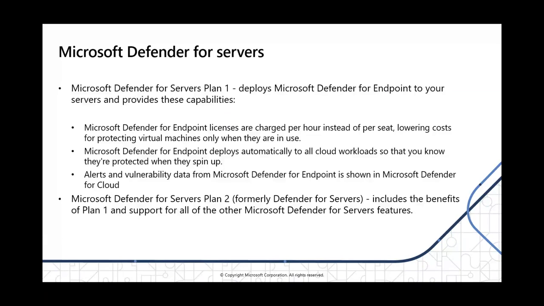To enable the Microsoft Defender for Servers plans, we can go to the environment settings and select our subscription. Then if Microsoft Defender for Servers is not enabled, we can set it to on. Plan 2 is selected by default.